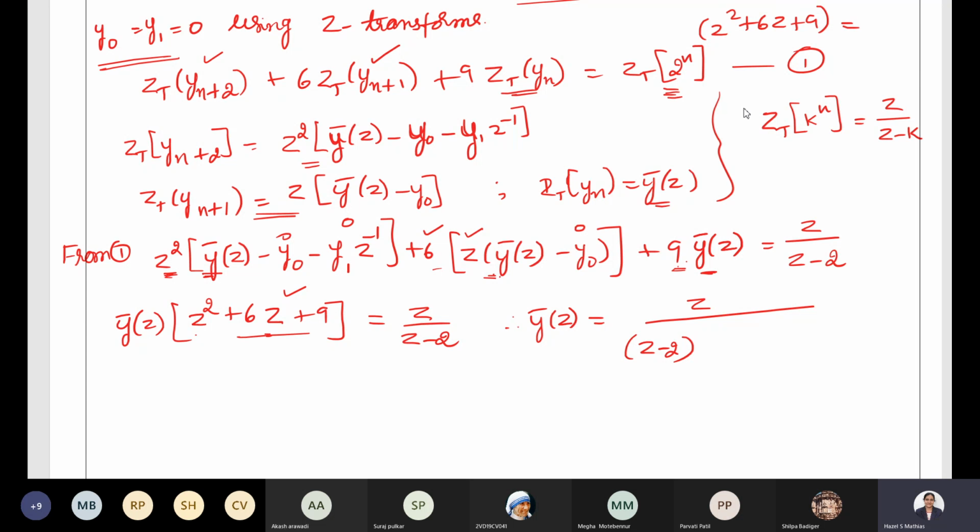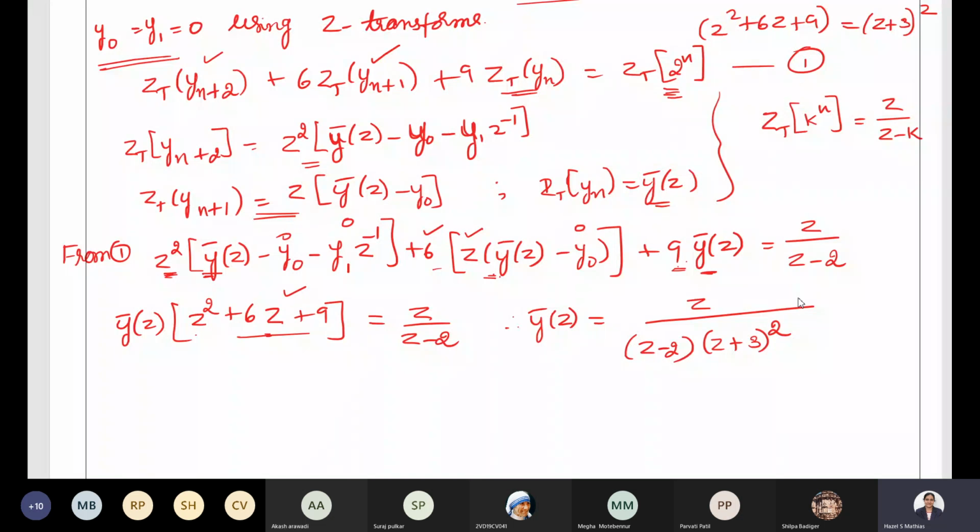How can you write z square plus 6z plus 9 in simplified form? It is z plus 3 into z plus 3. Correct. That is a plus b the whole square, where a is z and b is 3. It is z plus 3 the whole square.